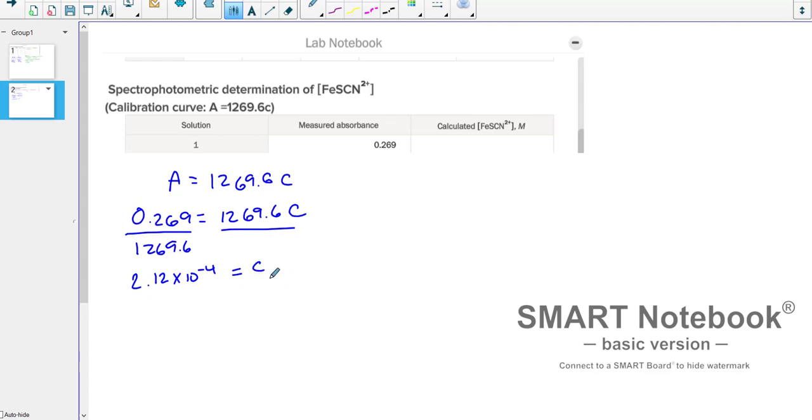And we end up with what our concentration is. But I don't think it'll let you do scientific notation, so you'll probably have to take that out of scientific notation. And that is your calculated concentration. So you would do that for each one of these.